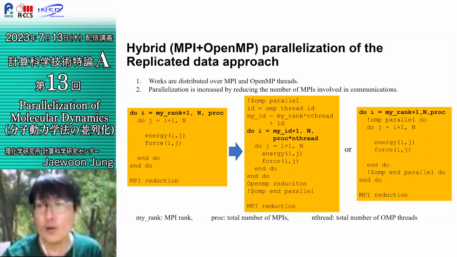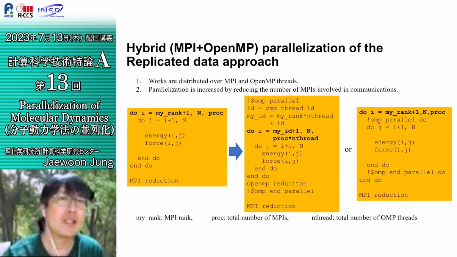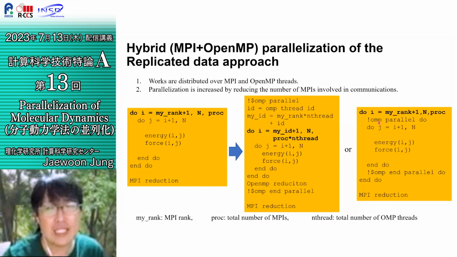Or there's another way, like this. The first loop, we are only parallelizing by MPI. And the second loop, we can make OpenMP parallelization. So in fact, there is no straightforward way to do parallelization.